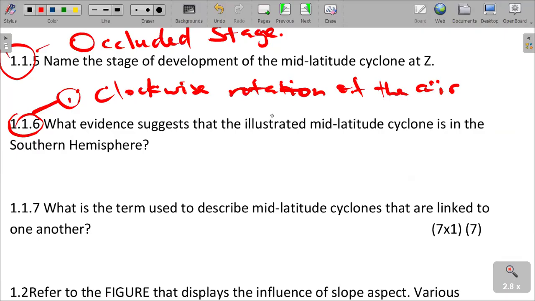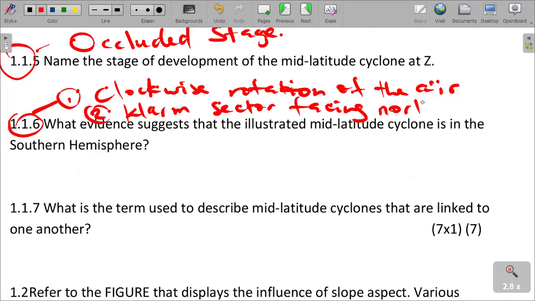We also have the warm sector facing northwards that I already showed you. And again, we also have to take note that the cold sector is facing southward.